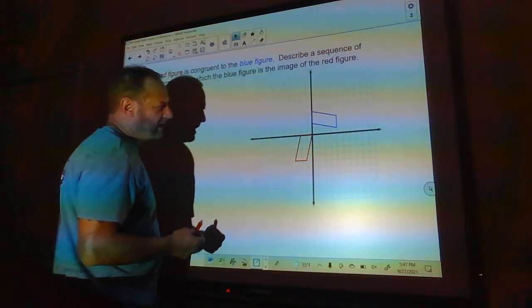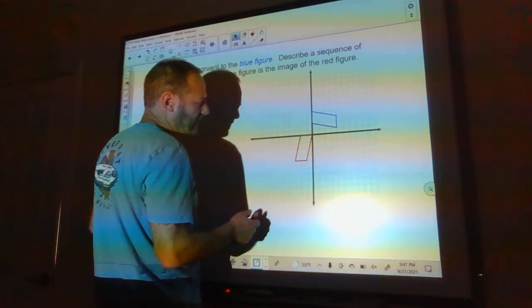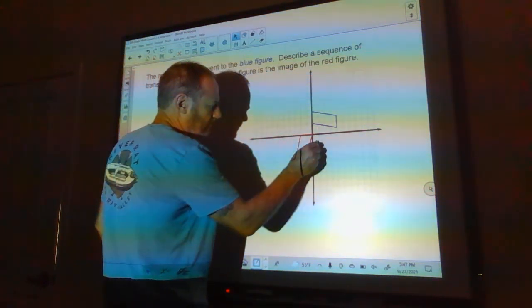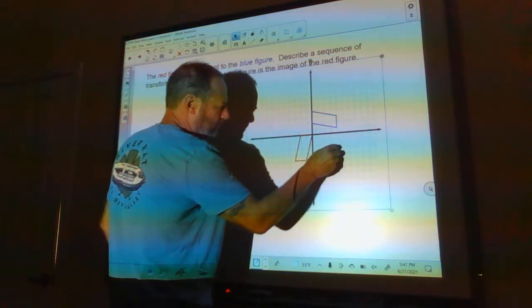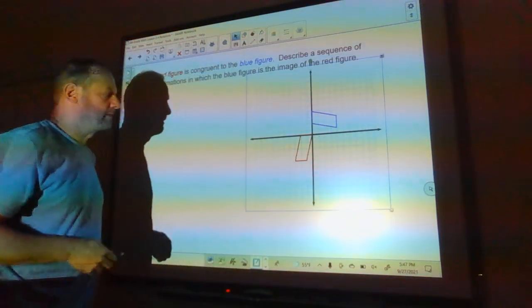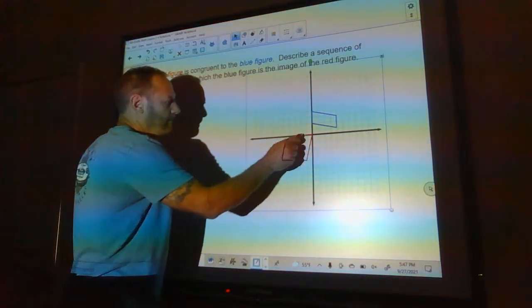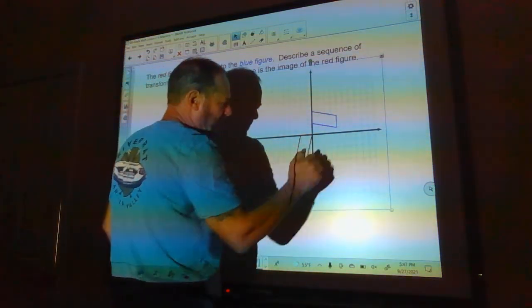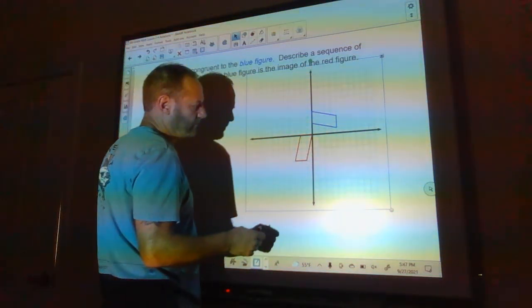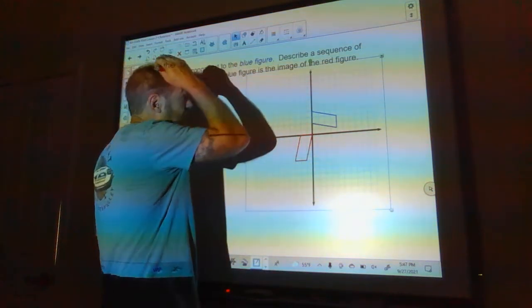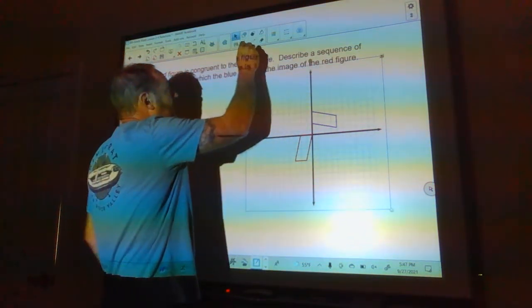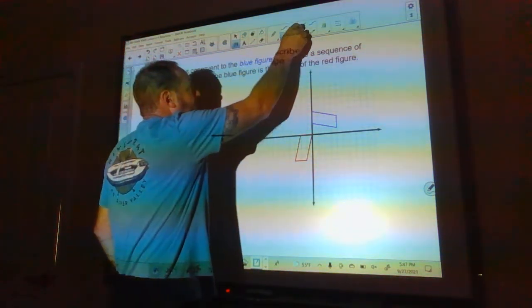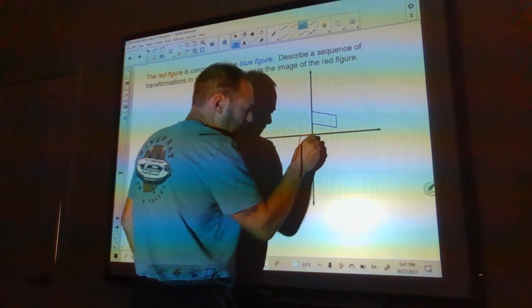So what if I rotated this thing? Ooh, I don't have that on here. Okay, so if I rotated this thing this way around the origin, say 90 degrees, what would that do? This point would stay here.